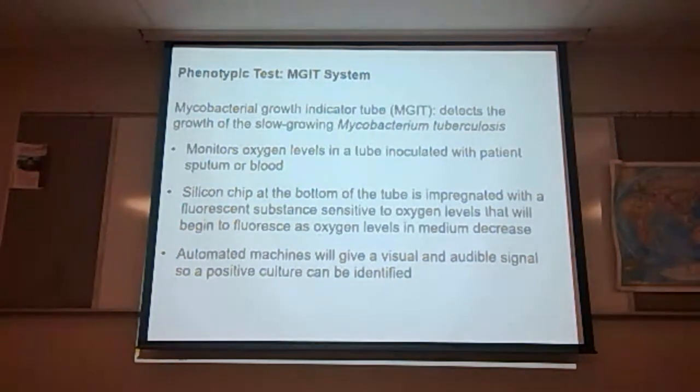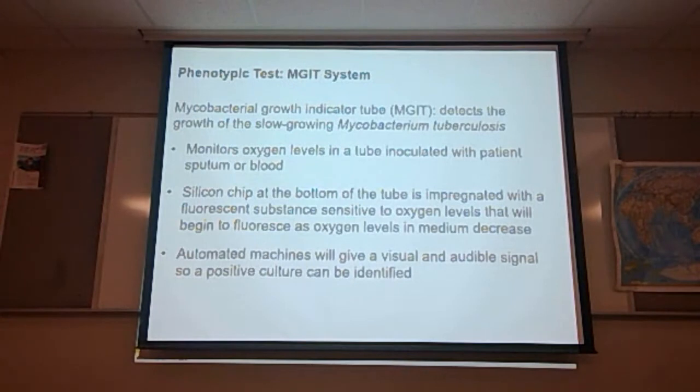But this type of media monitors oxygen levels in a tube, which is inoculated with the patient's sputum or patient's blood. There is a silicone chip at the bottom of the tube that has been impregnated with a fluorescent substance sensitive to oxygen levels. It'll begin to fluoresce as the oxygen levels in the medium decrease.